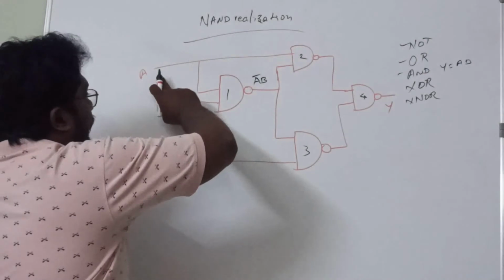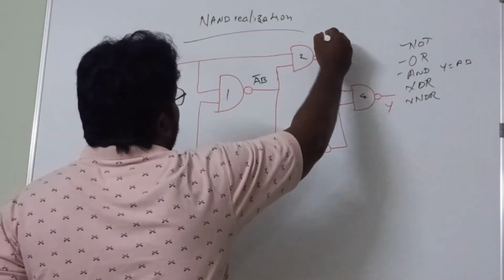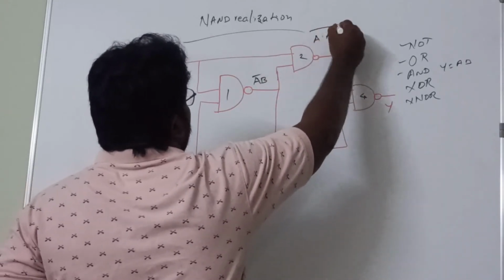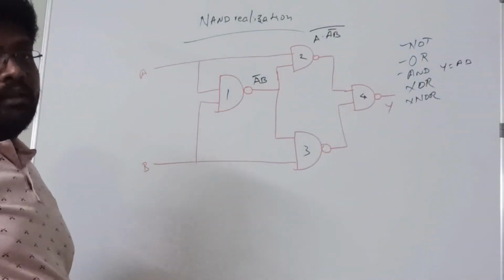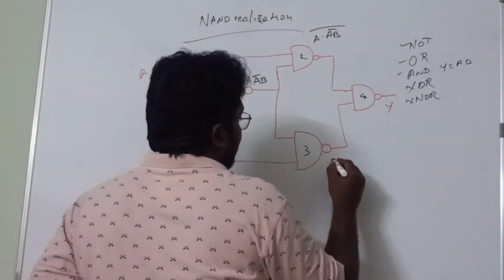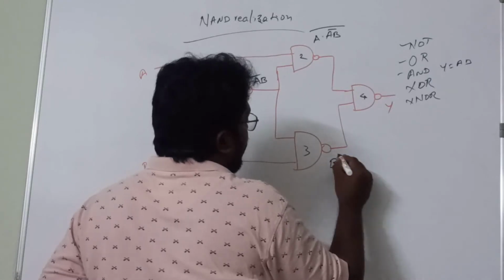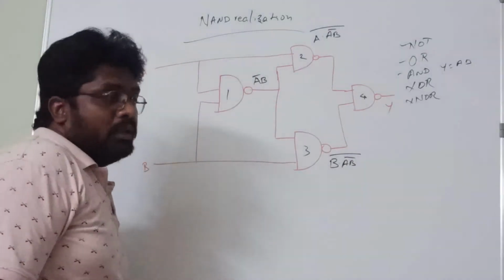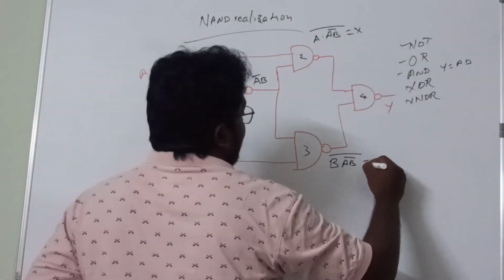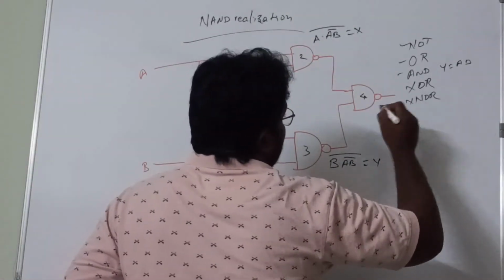So here I am having, for the second NAND gate, A dot AB whole complement. For the third NAND gate, the output is B dot AB complement whole complement. So here now I am considering this as X and this as Y, and the final output as Z, right?